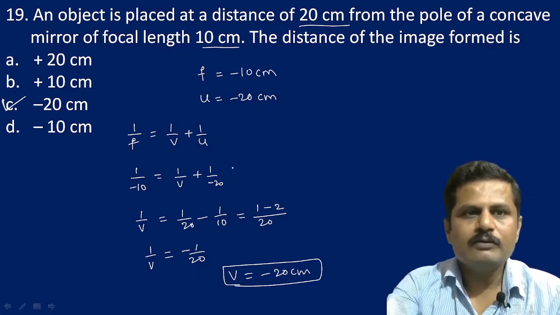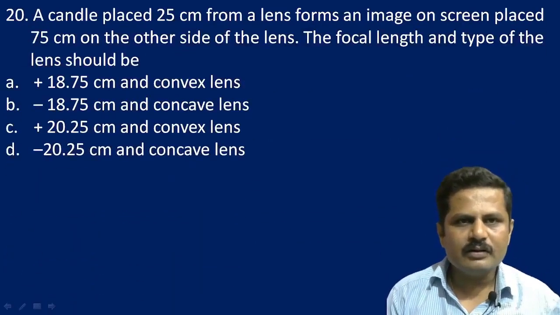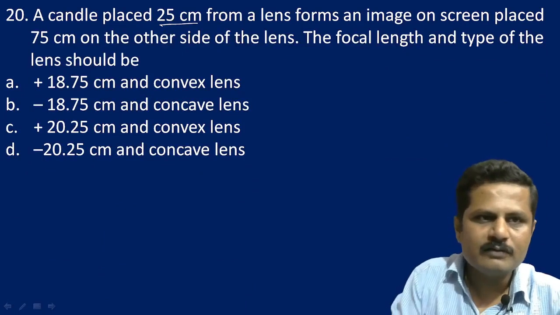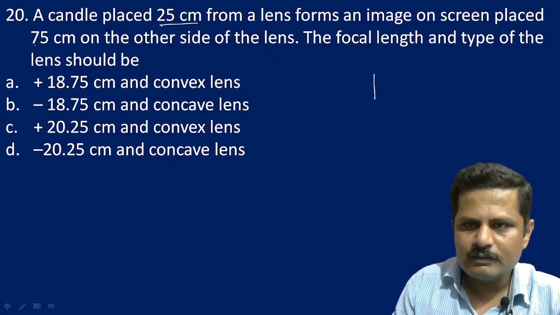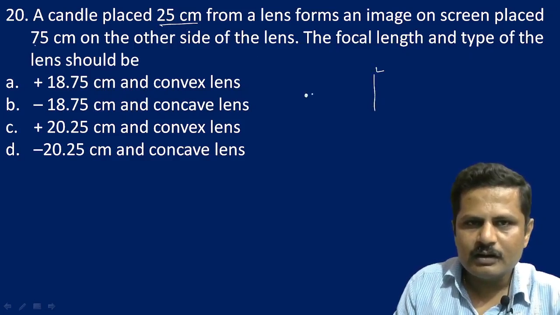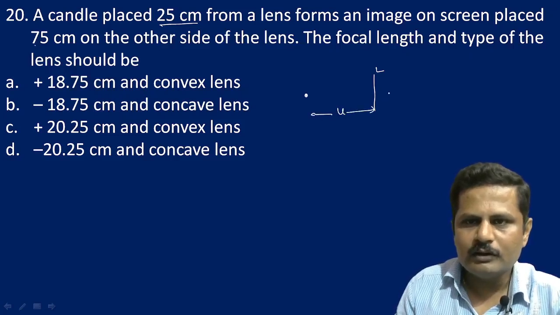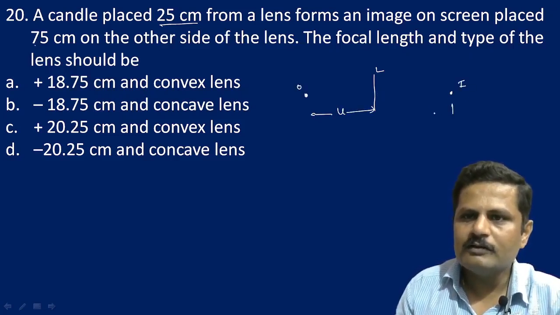Okay, moving to the next question, that is: a candle placed 25 centimeter from a lens forms an image on a screen placed 75 centimeter on the other side of the lens. The focal length and the type of the lens should be. So here there is a lens, and let me consider this is a candle placed at 25 centimeter, that is, the object distance is 25 centimeter, and the image is formed on the other side of the lens.